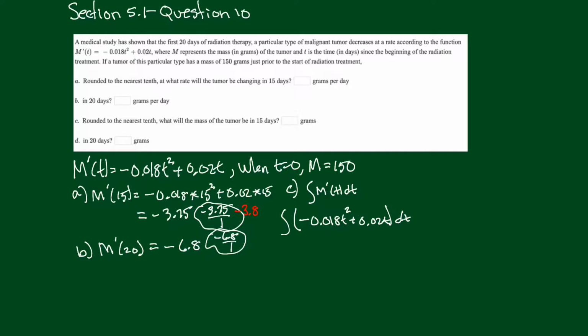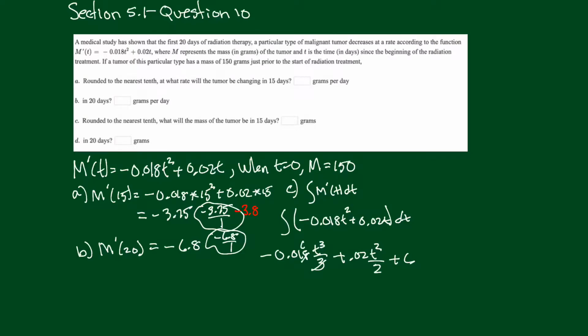Let's anti-differentiate. We'll get negative 0.018 and then t cubed over 3. Increase the exponent by 1, divide by that new number, and then plus 0.02 t squared over 2 plus c.